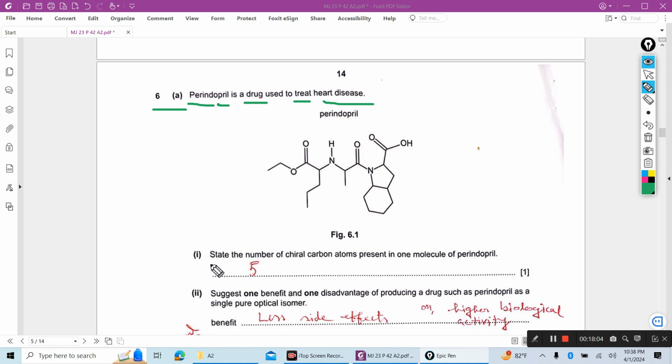And number 1, state the number of chiral carbon atoms present in one molecule of this compound. Five. This 1, 2, 3, 4, 5. So chiral carbon atoms: 5.